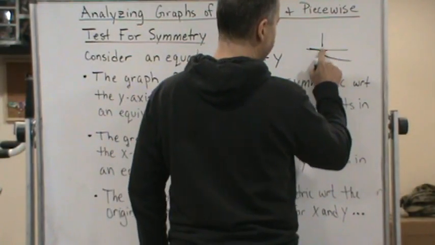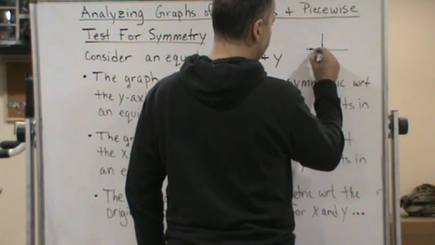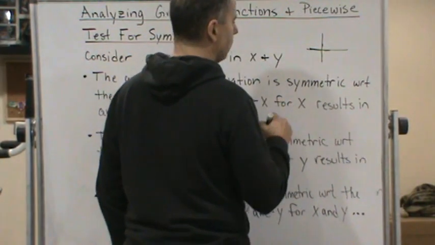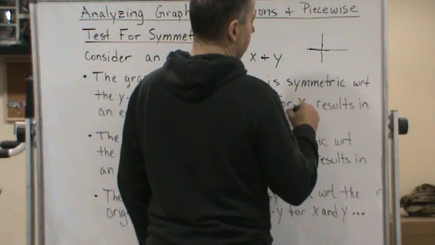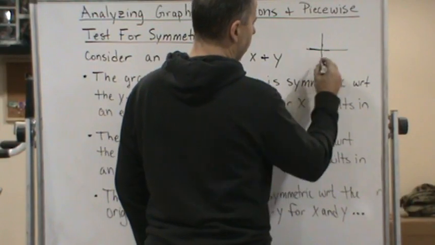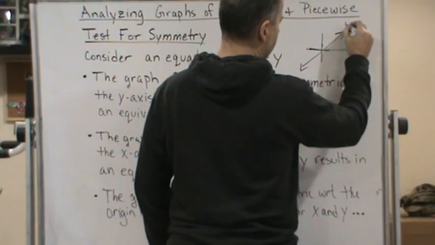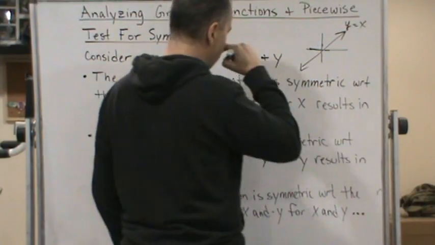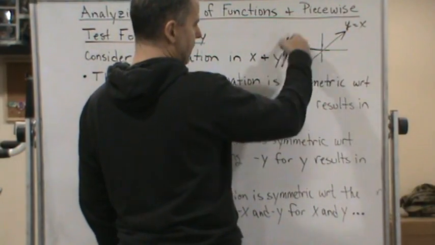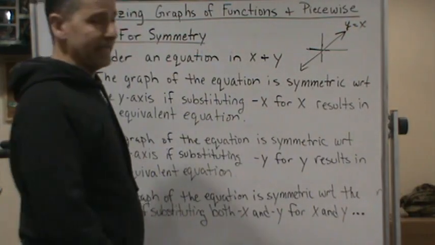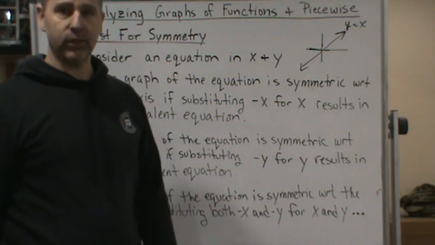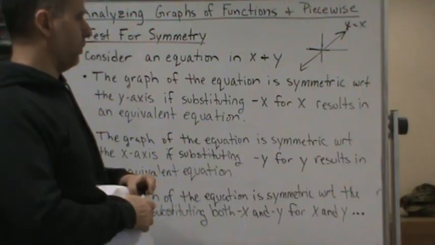And then if I have something like this, let's assume this is y equals x, right? So if I rotate this 180 degrees, I get the exact same line back. So that is symmetric with respect to the origin.